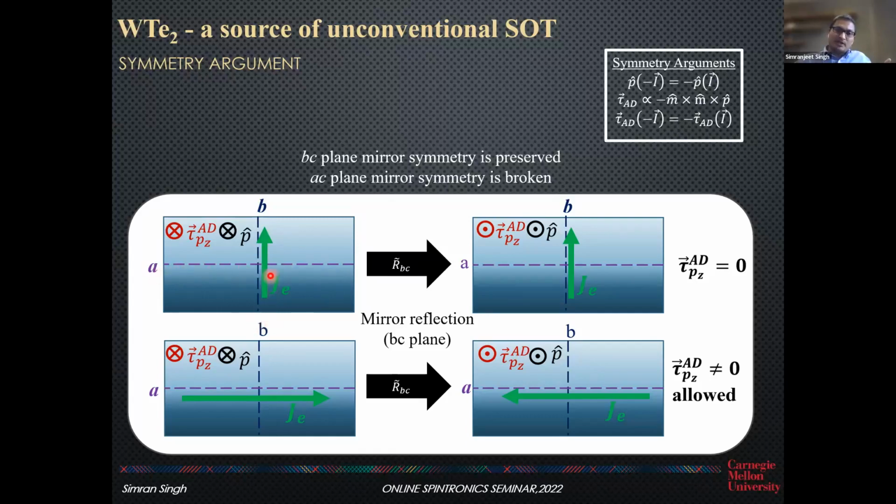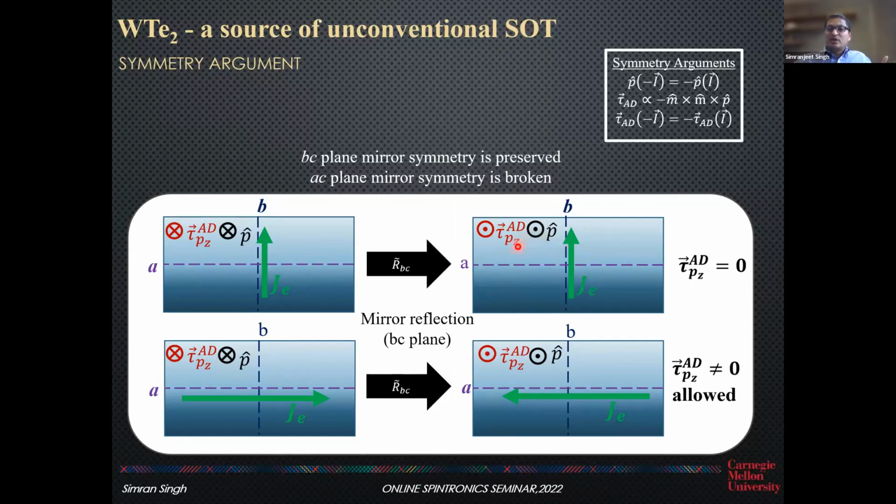If you apply current along the B axis and then perform a mirror reflection, this operator RBC, then because this torque is a pseudovector and this reflection is an improper rotation, this should switch sign, but the current is not going to switch sign.